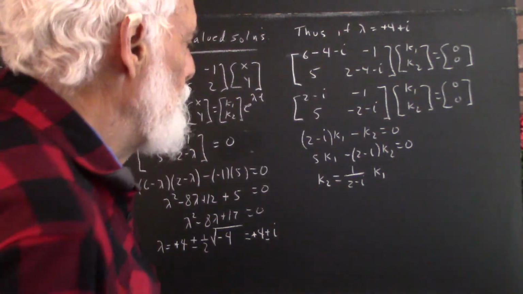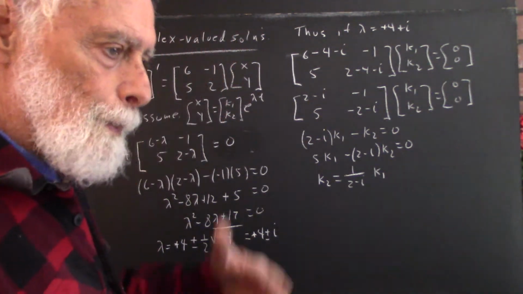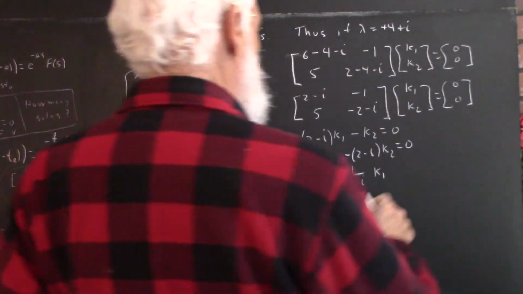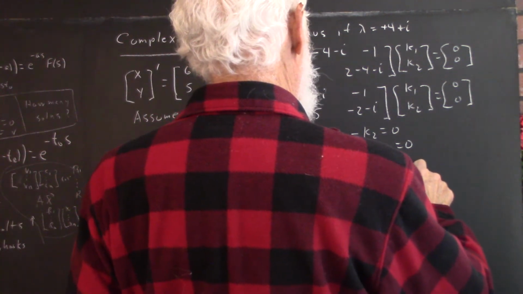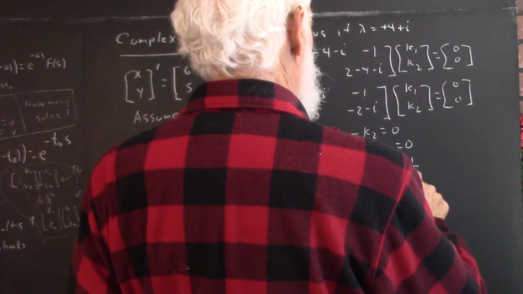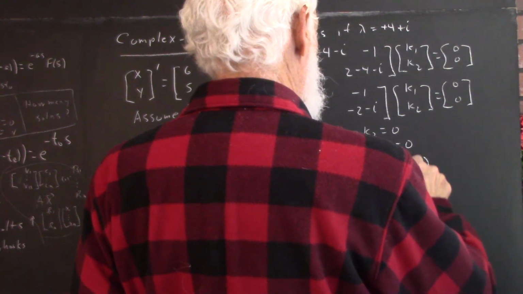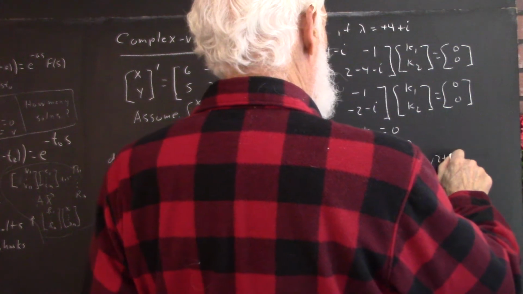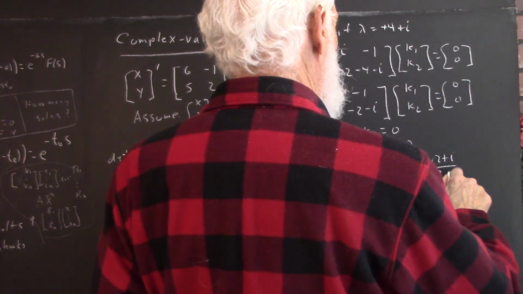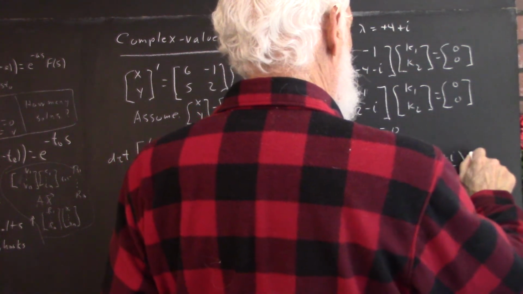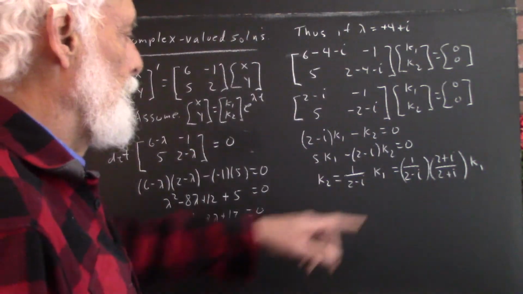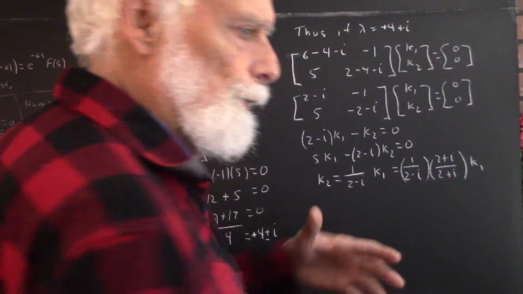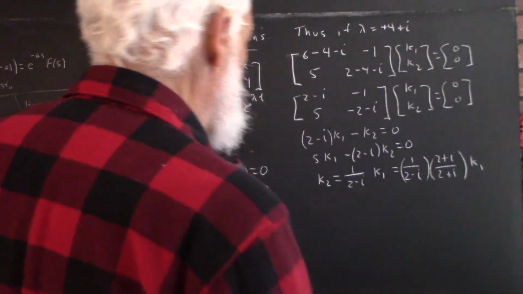Now 1 over 2 minus i, complex division, just to remind you, I'll write out the details this one time. We multiply numerator and denominator by the complex conjugate, and that'll rationalize the denominator so we can see what we have.